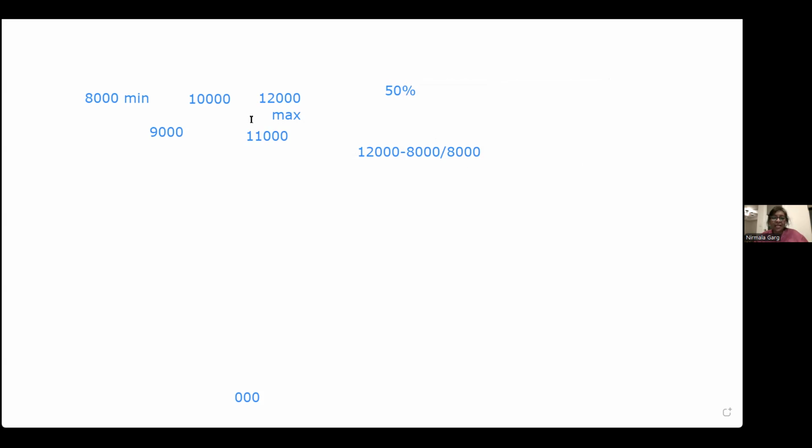Now, if this is the salary range and I have a salary of 9,000 rupees, my base salary is 9,000.